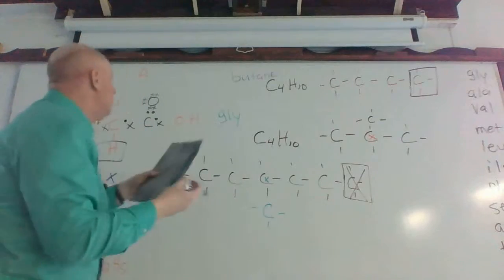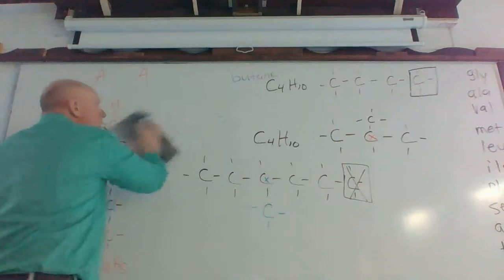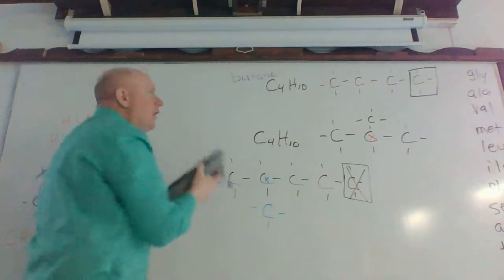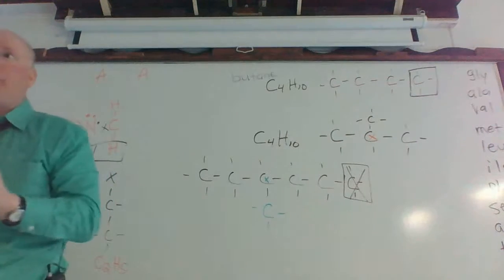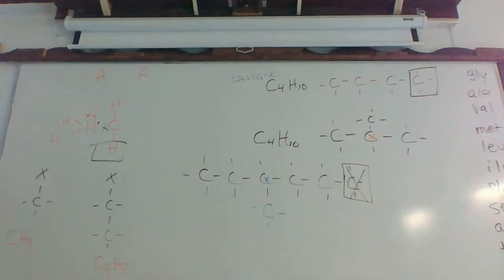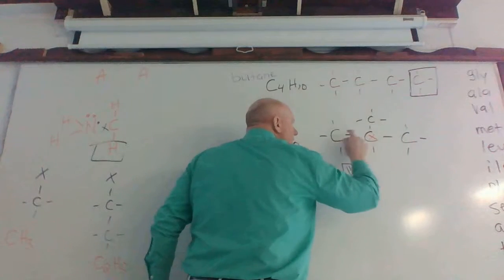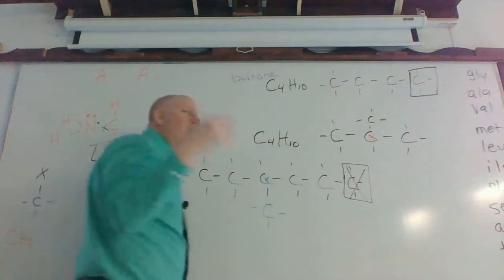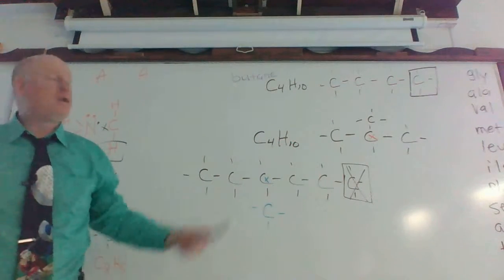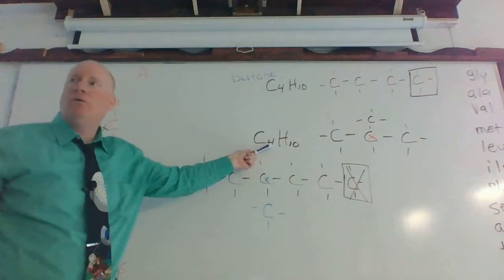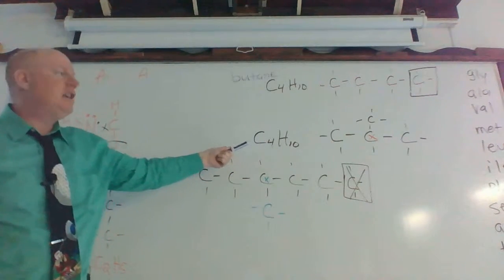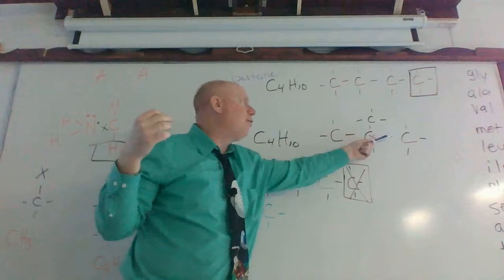So what we mean by that is, first of all, you're going to want to find the longest continuous chain, which was 4. That's why it's called butane. Now, the longest continuous chain here is how many? It's 3. It's got 4 carbons in it, yes, that's true, but the longest continuous chain is only 3.